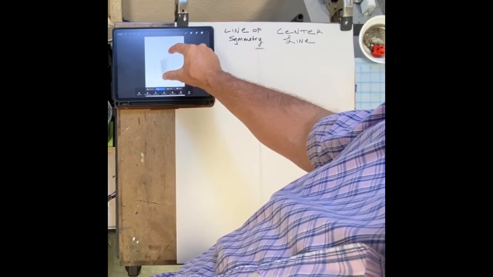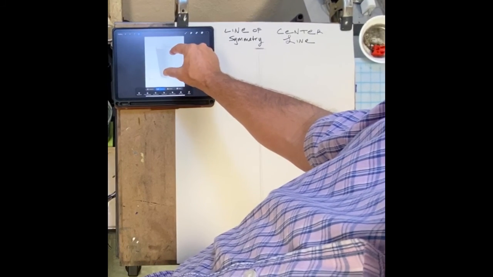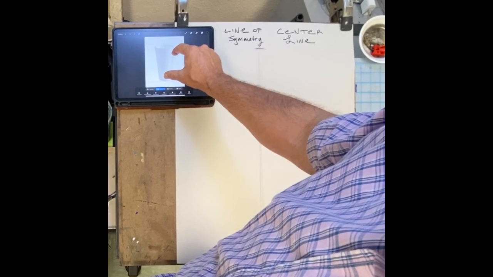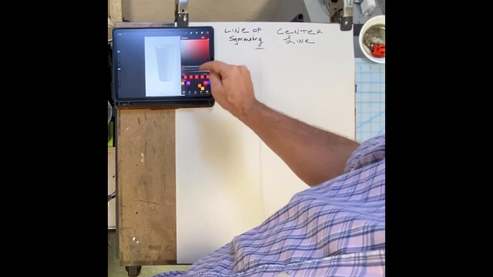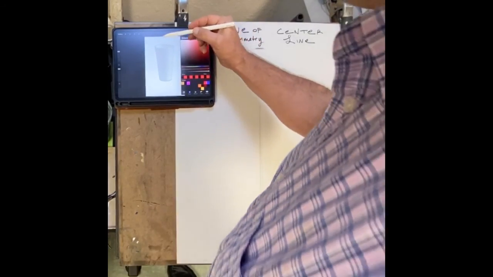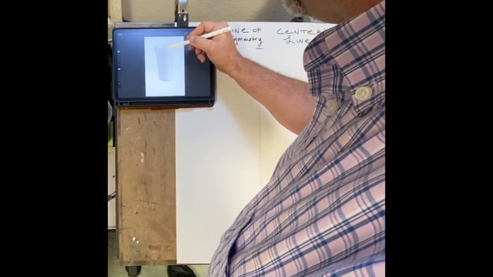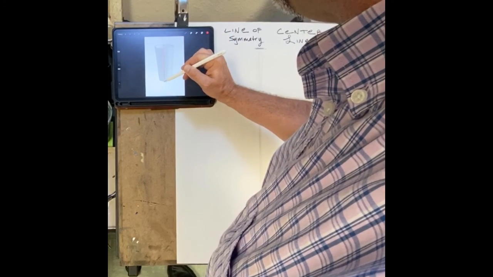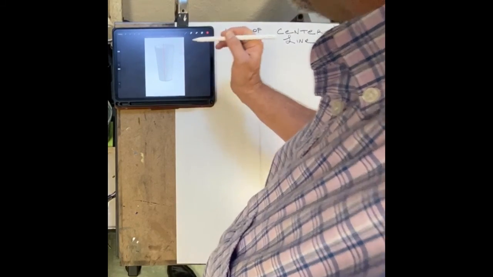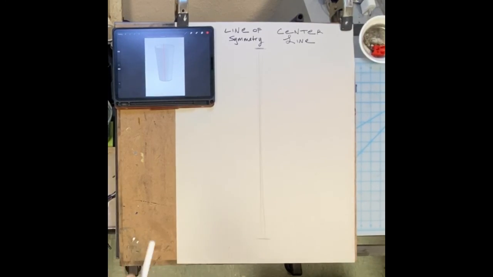Okay. So when we're talking about the center line, we're talking about something that starts here and moves to the bottom. And it encapsulates the total height.